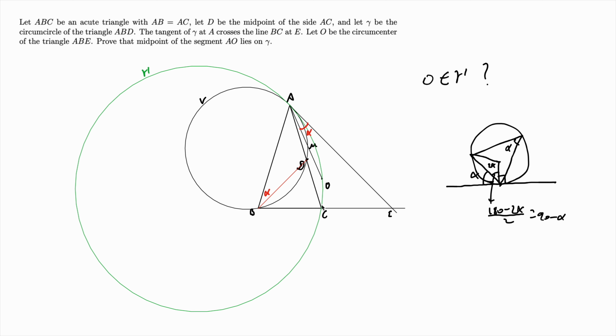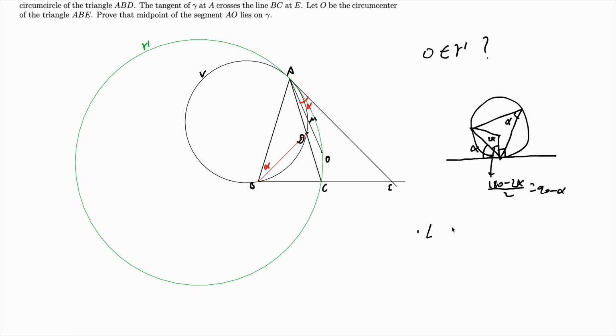That's what we know. Let's take a look at this. We know the angle DCB equals angle ABC. Also, angle BDC equals angle BAC plus alpha, which is equal to angle BAE.